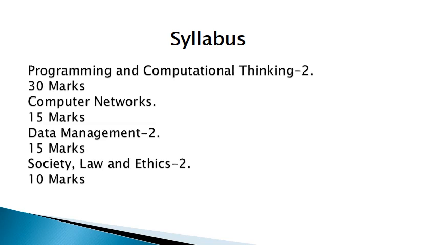There are total 17 chapters in class 12th, in which there are 2 revision chapters. Chapter 1 is Python Revision Tour 1, and Chapter 2 is Python Revision Tour 2.